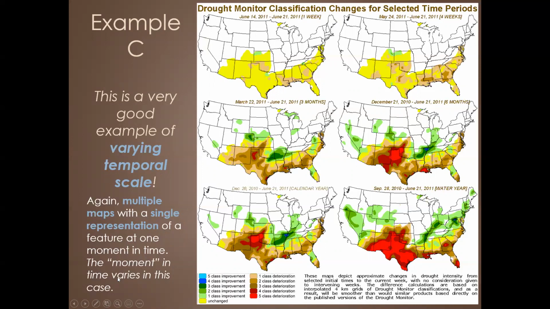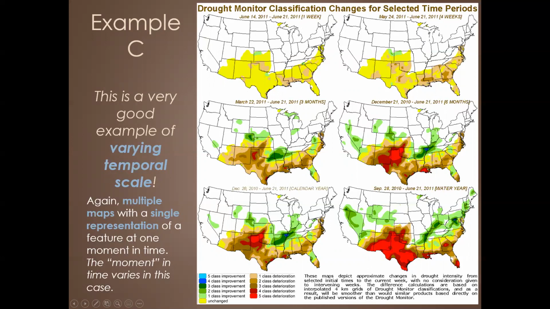The moment in time varies in this case. This is the special part. For example, let's focus on the first 2 maps, this one and this one. Both of these maps are addressing the phenomenon, or the theme of the map, weekly, okay?